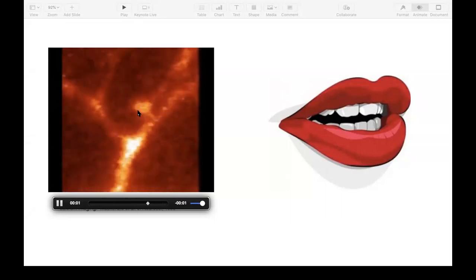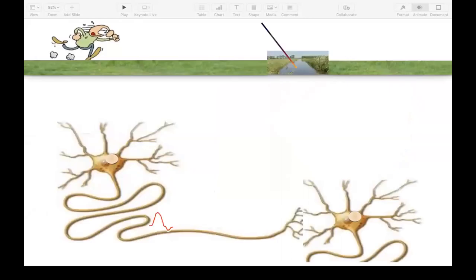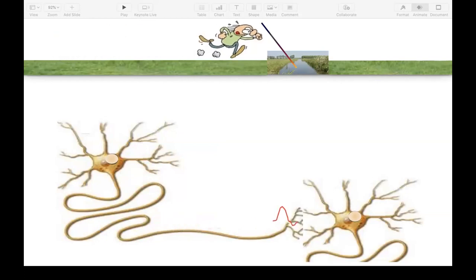Now, in order for this process to occur, a lot of requirements have to be fulfilled. And I often use this cartoon showing an action potential. That's the little guy on the top, and the two neurons on the bottom, neuron A and B, that like to exchange information. Now, in the neurons, this is typically realized by the propagation of action potentials, as illustrated here.